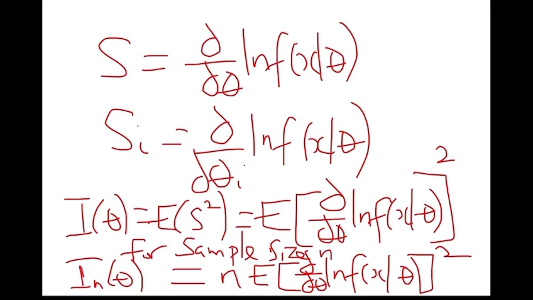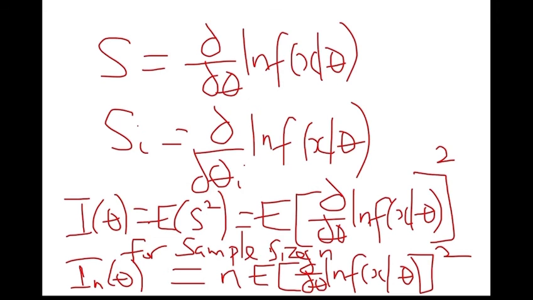Now that we have discussed the score function, the expected value of the score function is equal to zero, and the expected value of the square of the score function gives us the Fisher information, which is the amount of information carried about the value of the parameter.